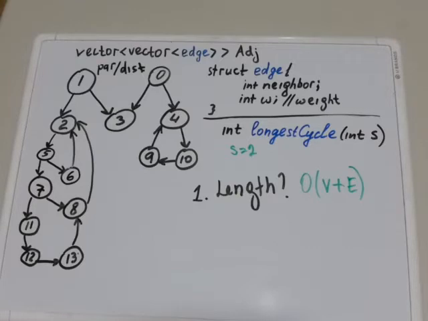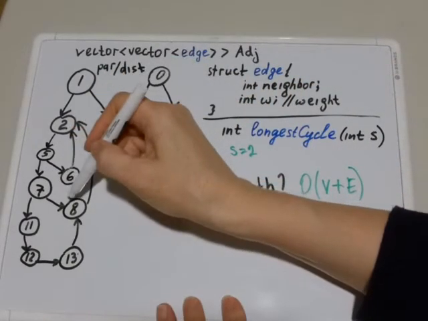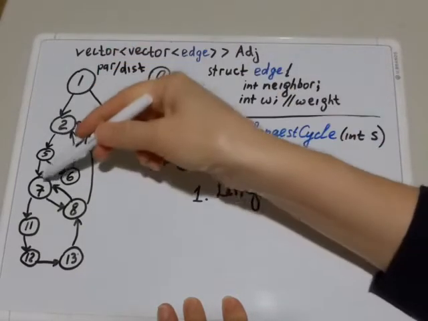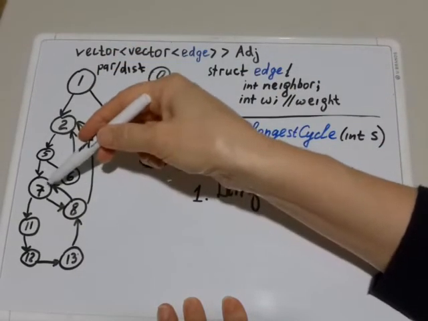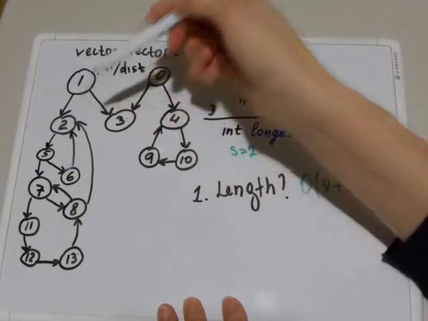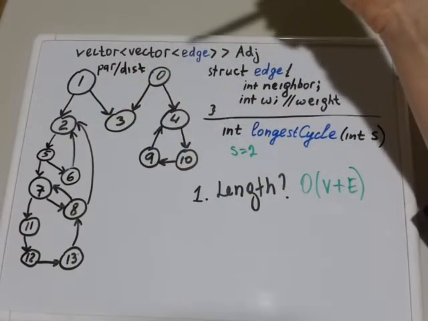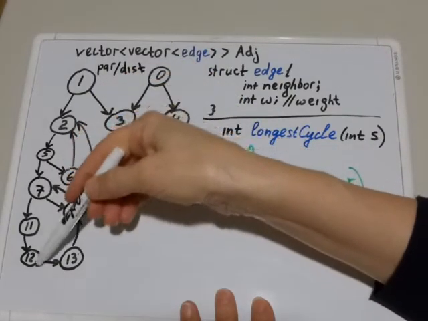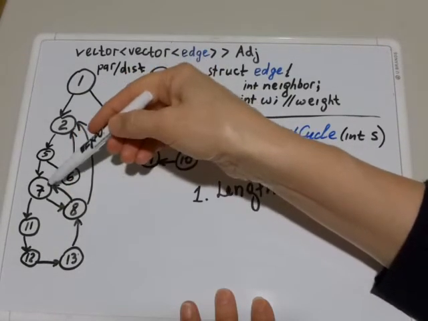Another question is, what if there is another cycle that doesn't include 2 on our way? For example, what if we have an edge from 8 to 7? Then we have another cycle, but this cycle doesn't include 2, and we might actually have a longer cycle here, with 5 edges.